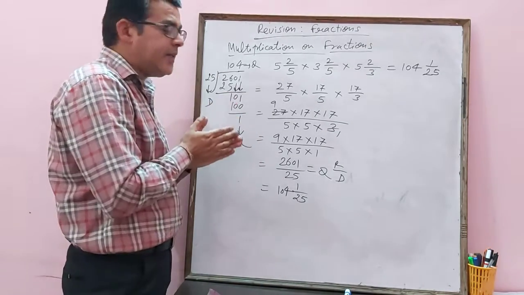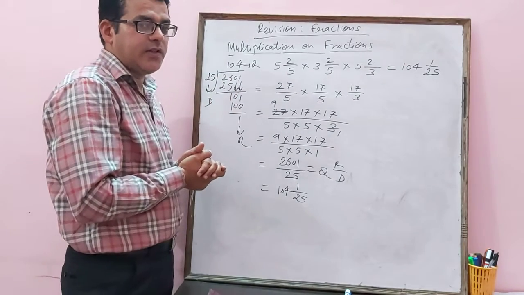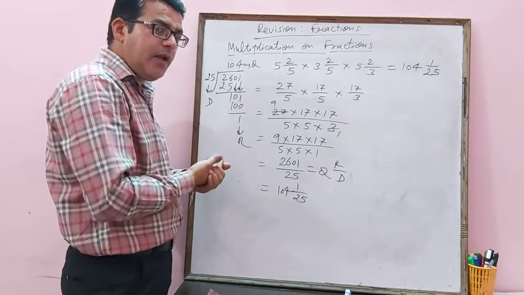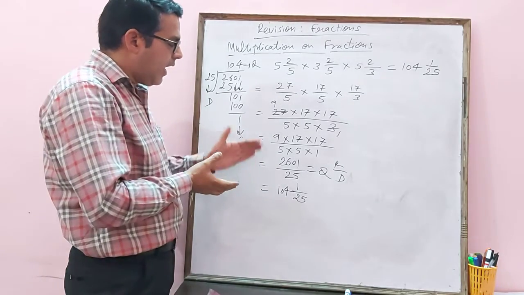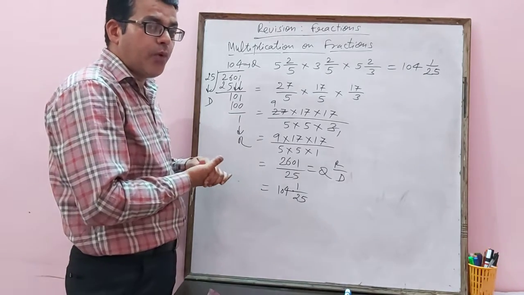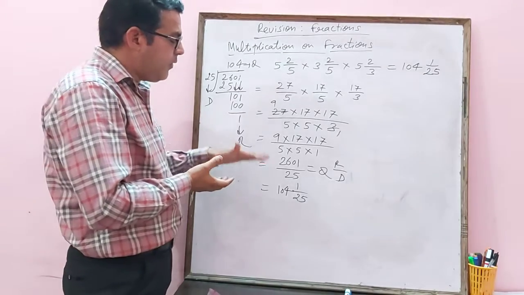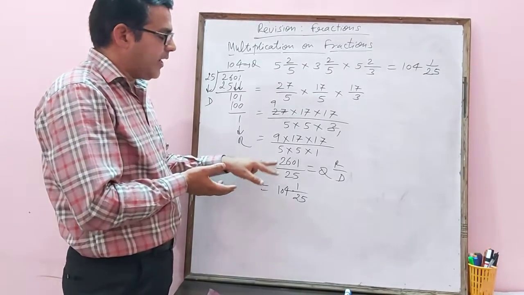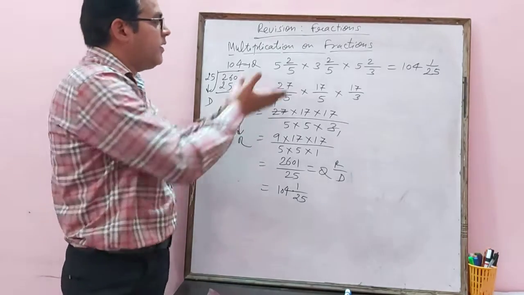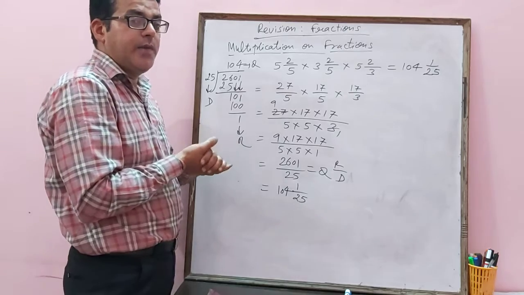Only check if we can reduce any fraction. If we can reduce, then reduce it, and after that multiply, and the answer that you are getting should be in either proper fraction form or in mixed form. If we are getting an improper fraction like this, we need to convert it into mixed, and here we can get the answer as a mixed fraction.